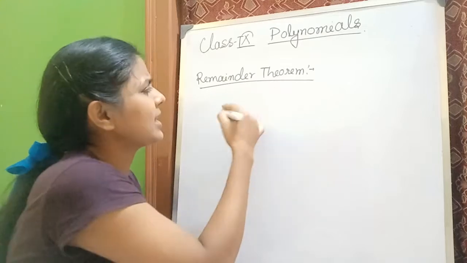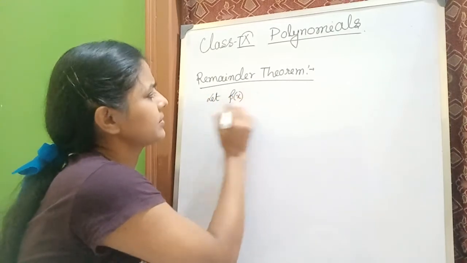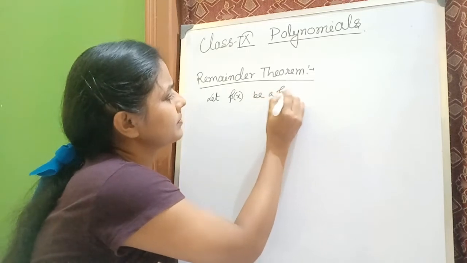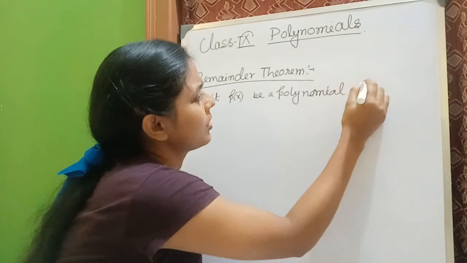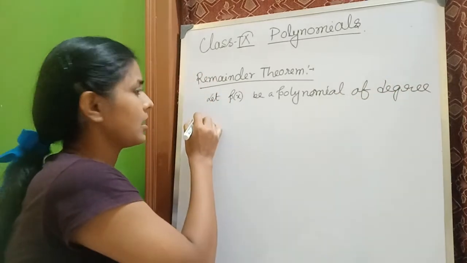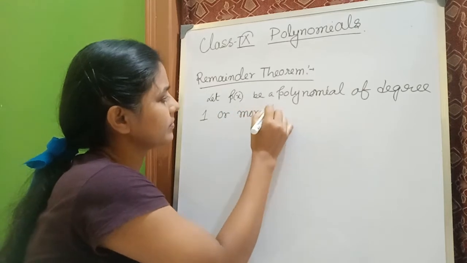So what is its statement? The statement is: let p of x be a polynomial of degree 1 or more than 1.